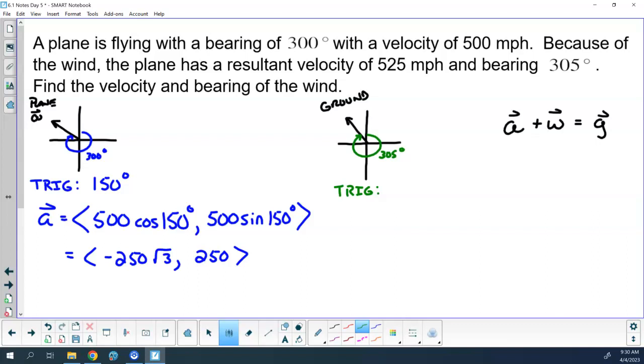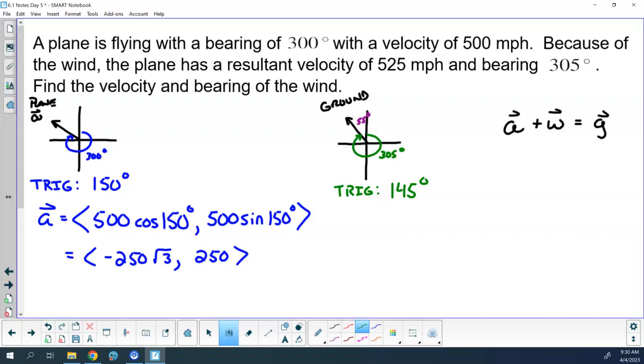So if this is 305 degrees, that means that this angle up here is 55 degrees. Agree? Because it's 360 all the way around. Right? So the trig angle would start from out to the right. So it would be 90 plus 55, which is 145. Okay?